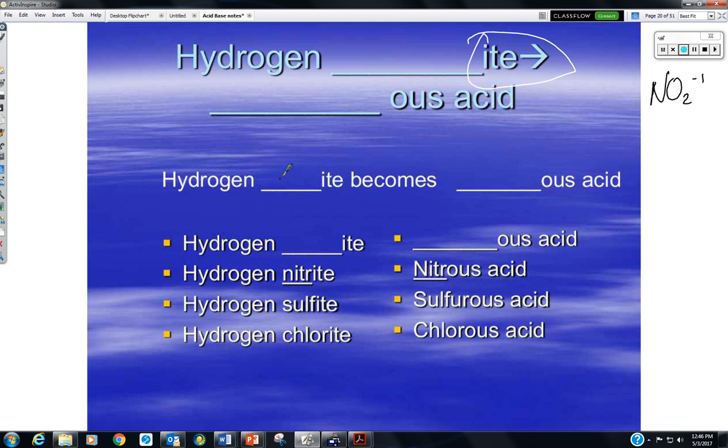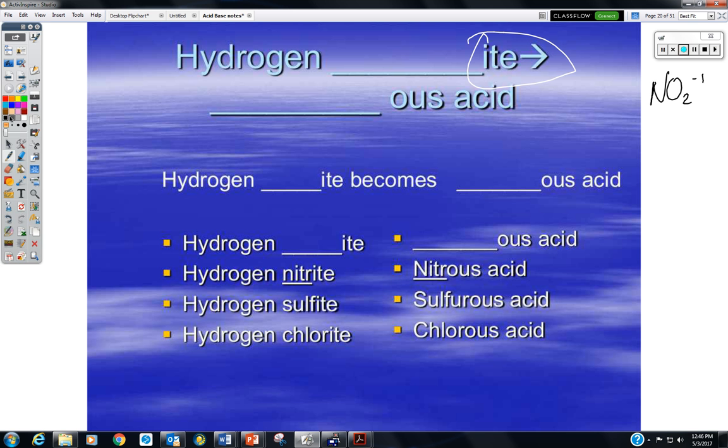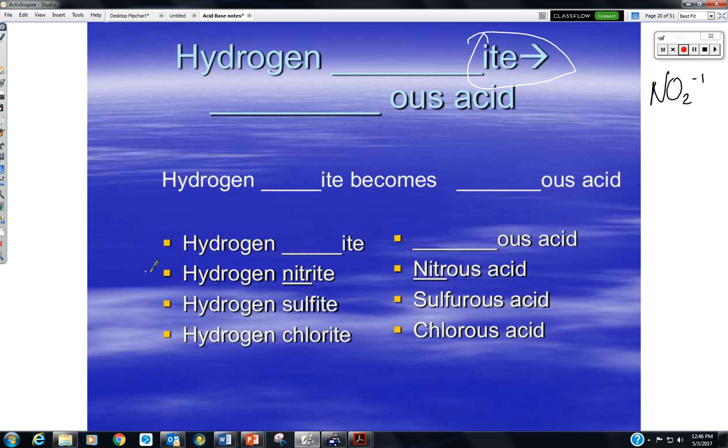All right, so let's look at what actually happens here as we're naming these. Let me take this one and we'll write it down here. So we have hydrogen, and I'm going to go all the way through and form the compound here. Hydrogen and nitrite.